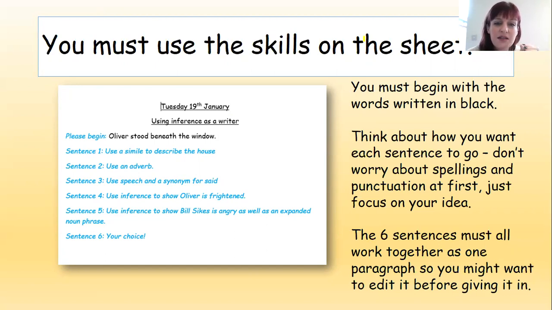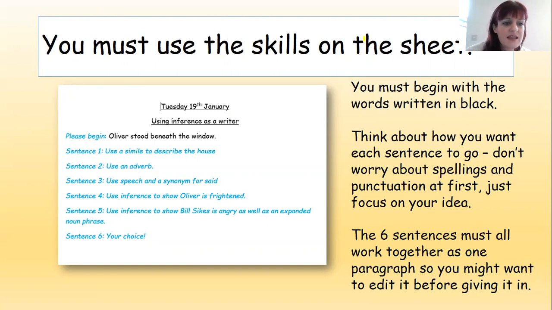Take your time, think really carefully about what is going to have the best impact. The next sentence you're going to start with an adverb. So silently Bill Sikes posted him through the window, or suddenly, or something like that.